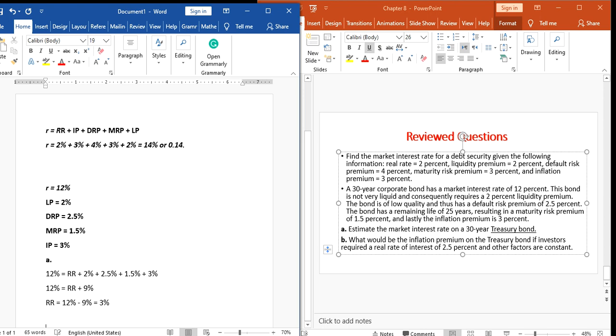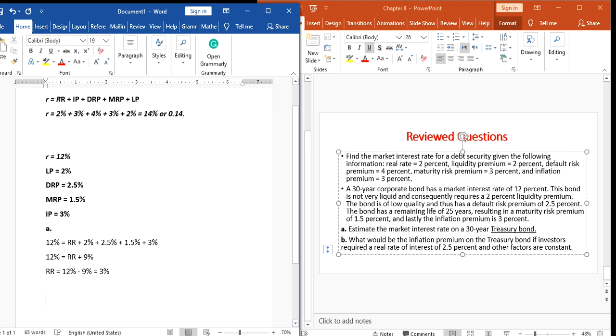Okay, what about part B? What would be the inflation premium on a treasury bond if investors required a real rate of interest of 2.5% and other factors are constant?